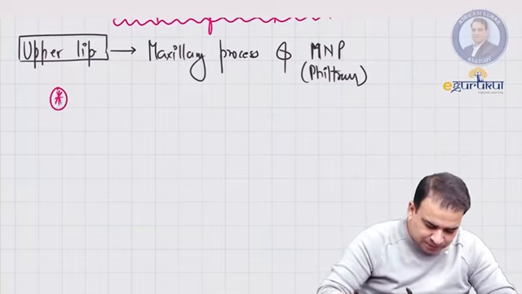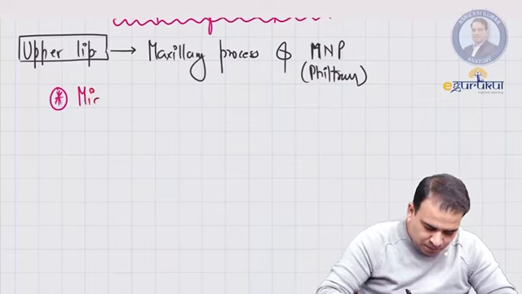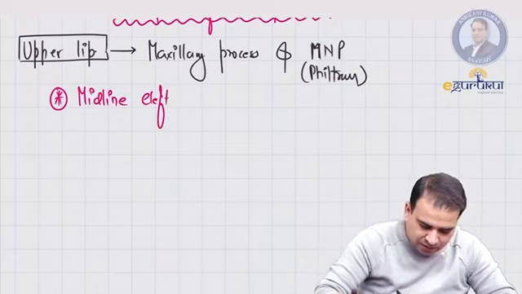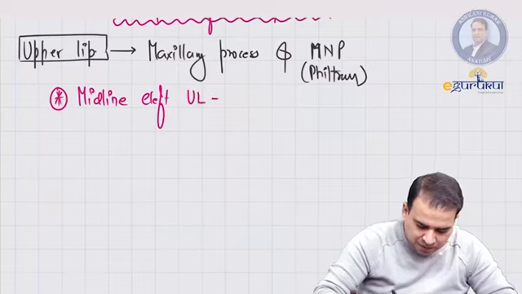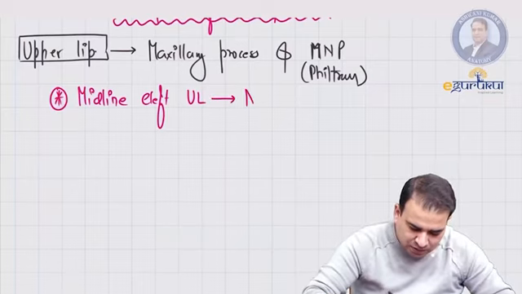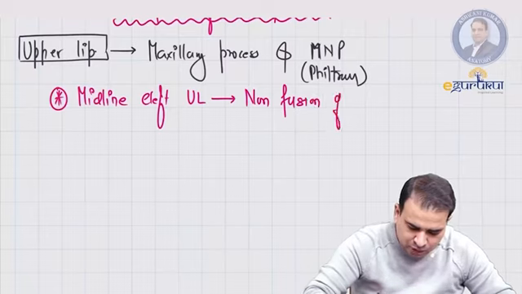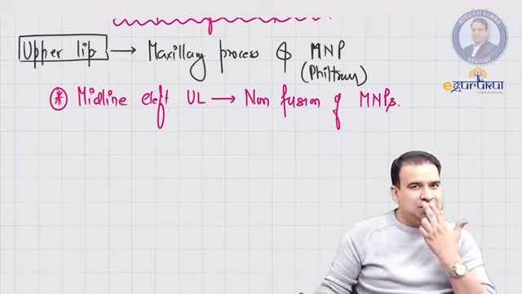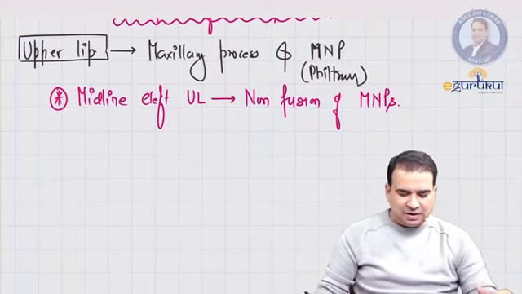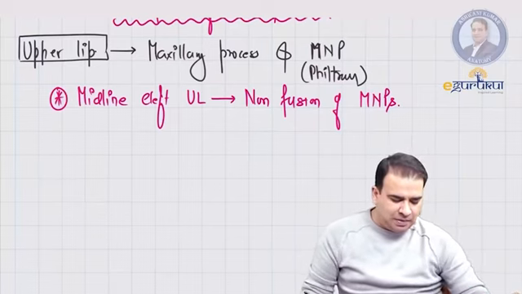So first we said midline cleft upper lip. Midline cleft upper lip is because of the non-fusion of medial nasal processes. If both these medial nasal processes don't fuse on the midline, that will give rise to the midline cleft upper lip.